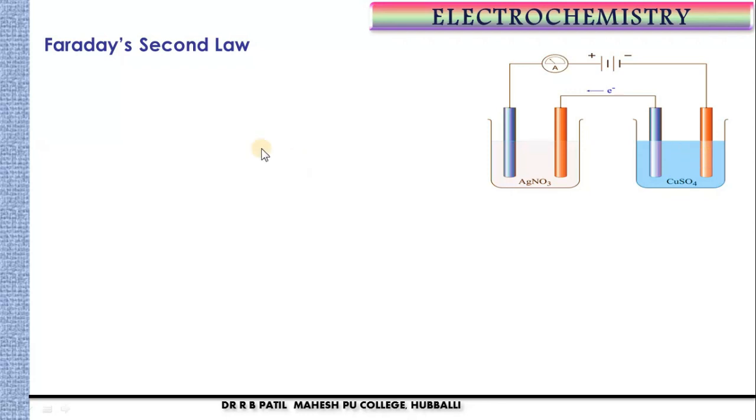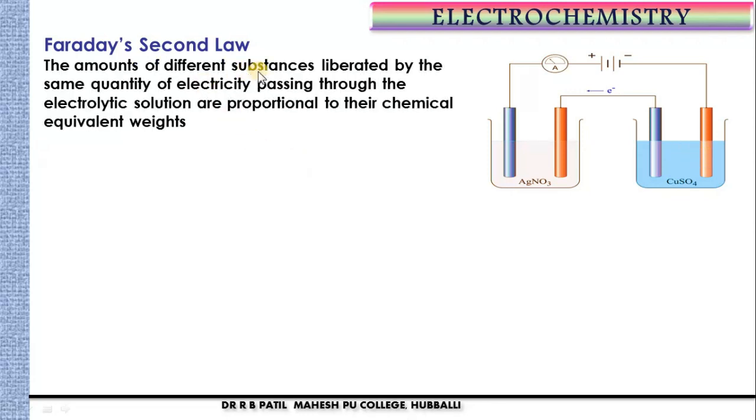So let us see that statement. The amount of different substances liberated by passing the same quantity of electricity through different electrolytic solutions, here solution 1, solution 2, are directly proportional to their chemical equivalent mass or equivalent weight. I hope that this second law is clear to you.